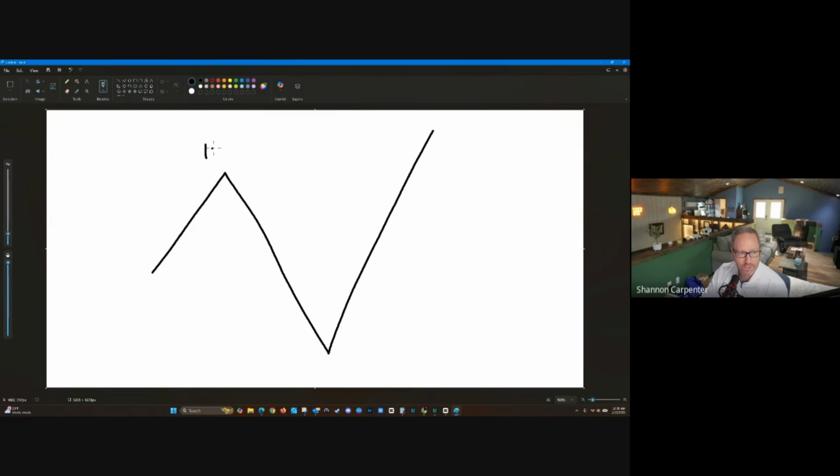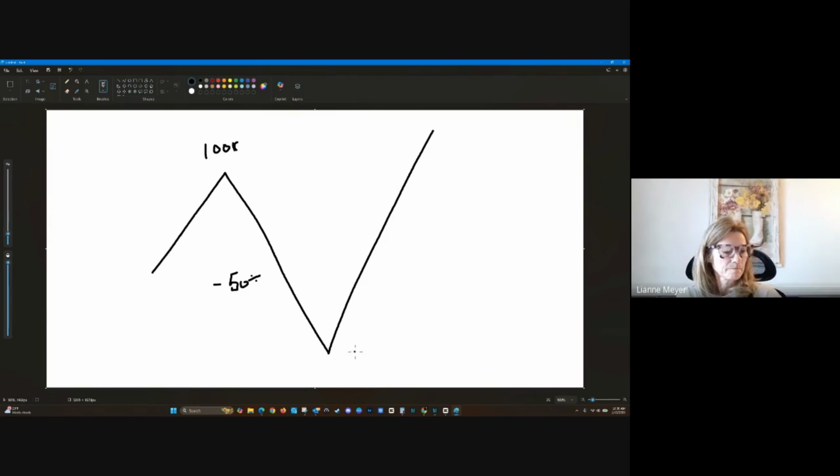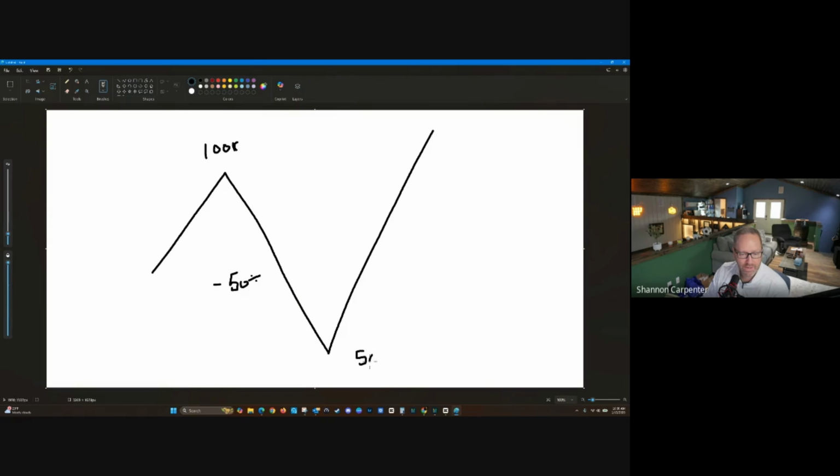Right here, you have $100,000 in your account. The market crashes and we lose 50%. How much money do you have now? 50. Yeah. Now, the next year after that crash, we usually have an expansion, where the market goes up. Just for even math, it goes up 50%. Now, how much money do you have?